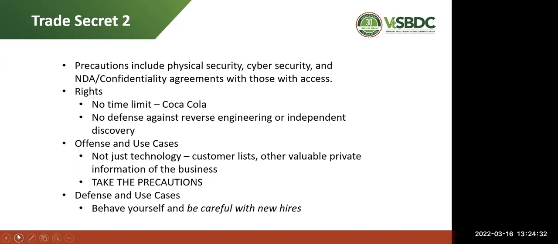If you have a novel sale and distribution method, this popsicle stand has the most unique sale and distribution method of distributing their popsicles. And similarly, they could do their business plan as a trade secret.